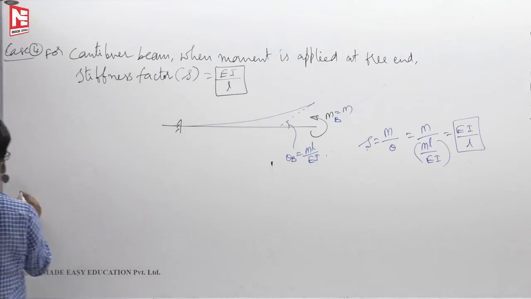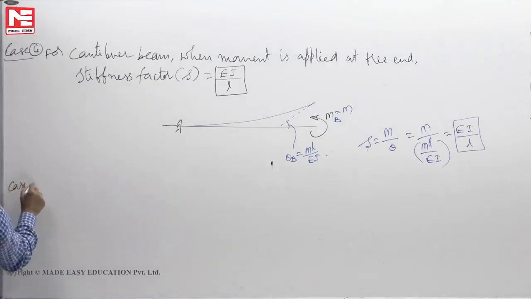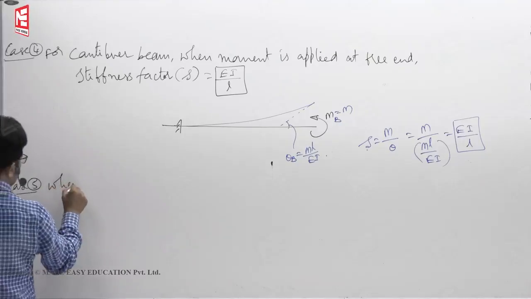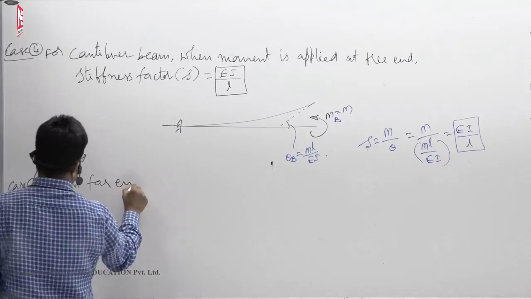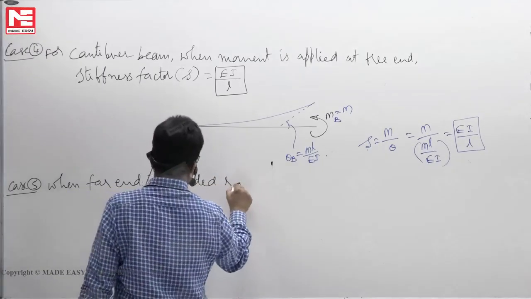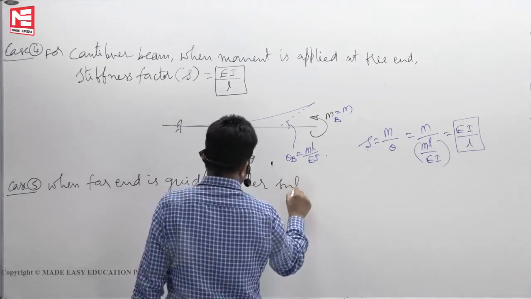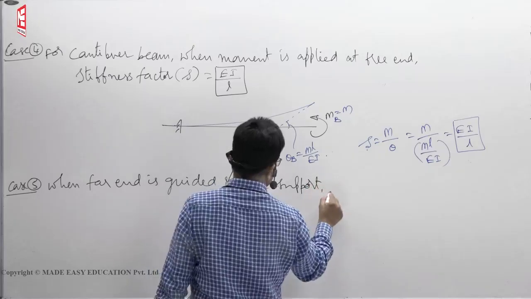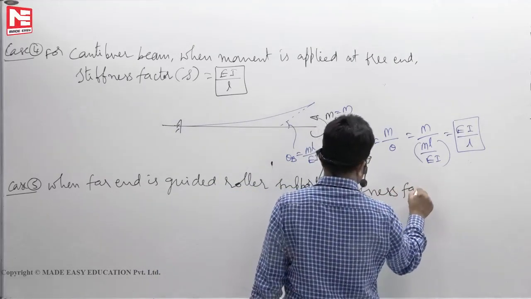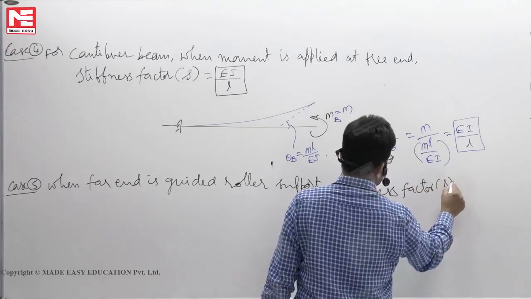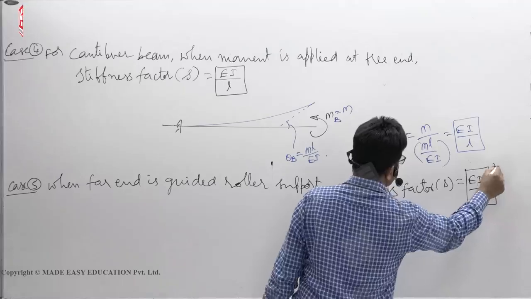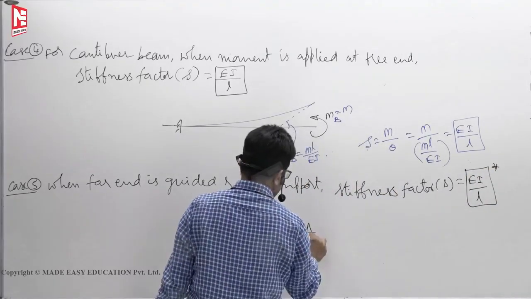Next, so is the case with case 5. When far end is guided roller support, stiffness factor S again is same. This I have already explained to you because the deflection profile is like that.